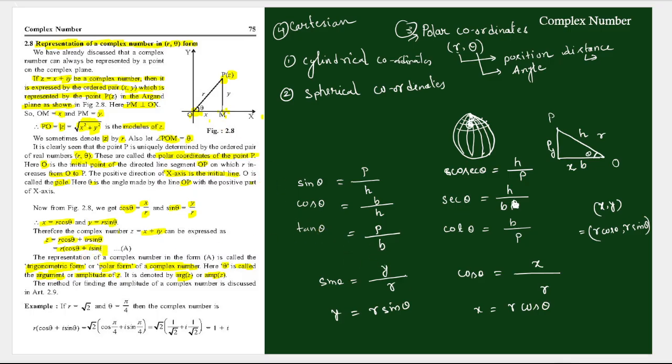So here we have got theta also, and we have got r also, and that is why it is called the polar form of a complex number. Earlier in the complex plane, in the Argand plane, we had only x comma y, but now we have got r cos theta and r sin theta.